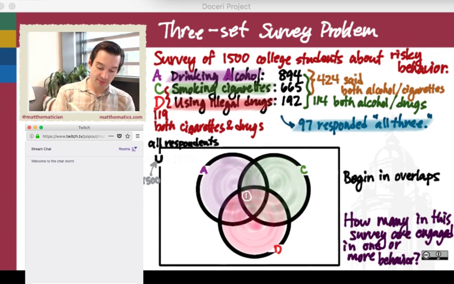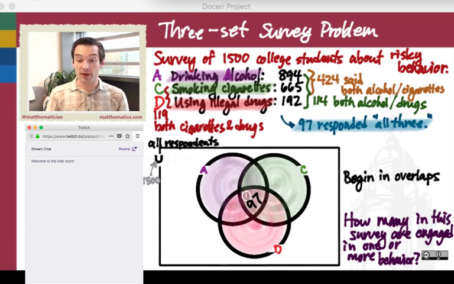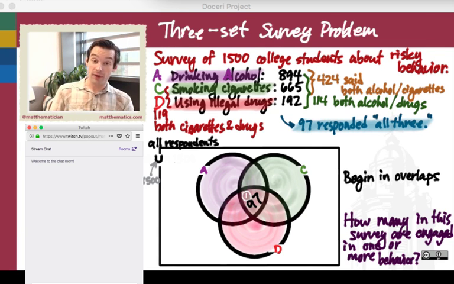Yes, we do. It's right here. These are the 97 people who said, oh yeah, I do all three of those things. I drink alcohol and smoke cigarettes and I use illegal drugs. And so that means I can write the number 97 here in that triple intersection, and that gets my ball rolling. That's the snowball that we're going to start rolling down the hill to analyze this survey problem.